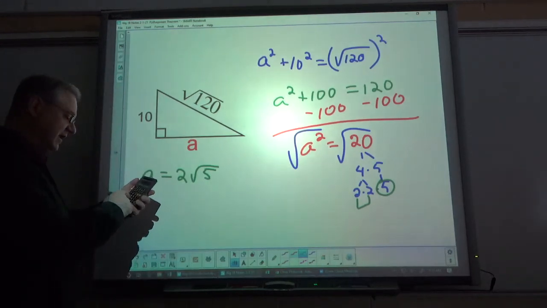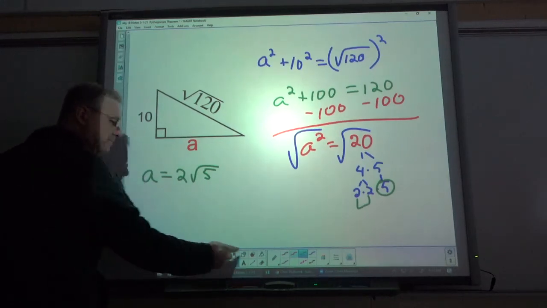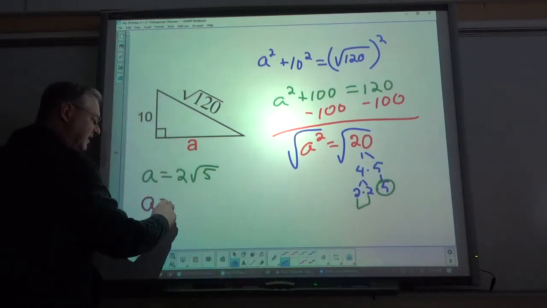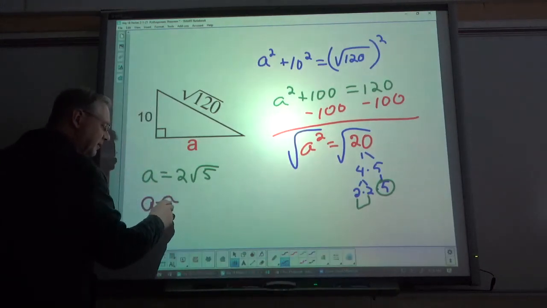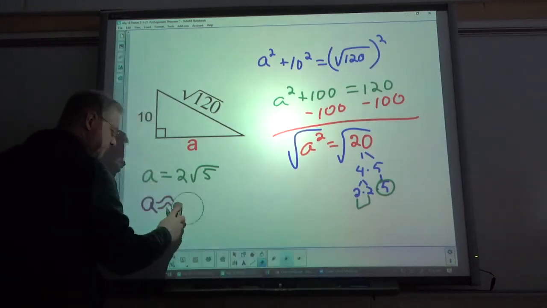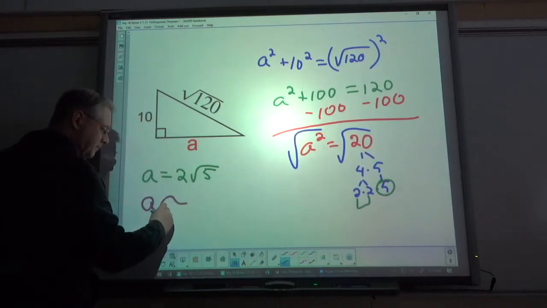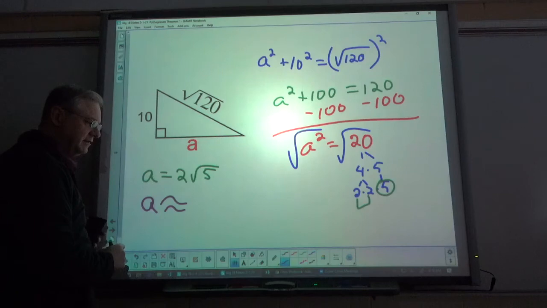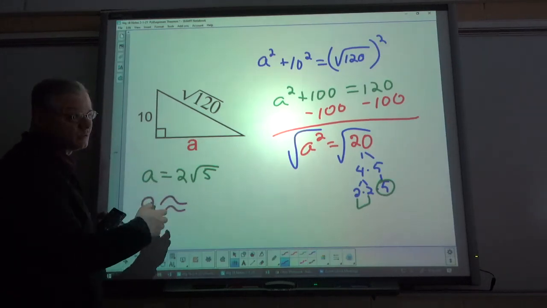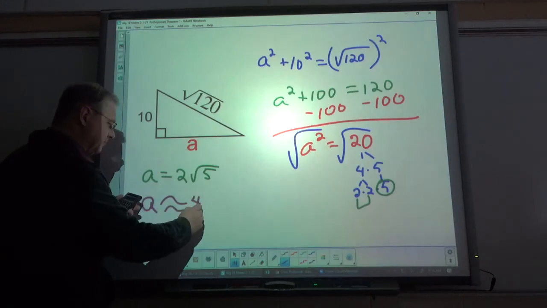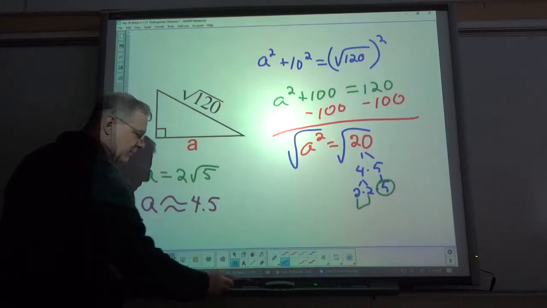If I'm using my calculator and I do square root of 20, A is approximately, now I should show the approximately, whoops, that's not quite right. Approximately, the wavy line, a wavy equal sign, 4.47, I'm going to round that to 4.5, 1 decimal place.